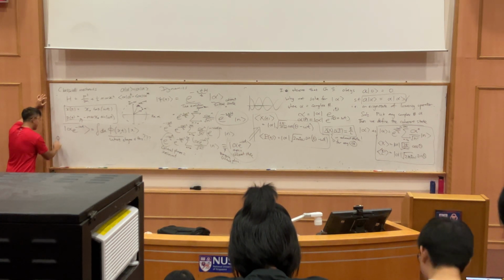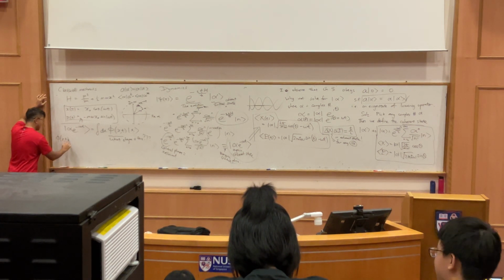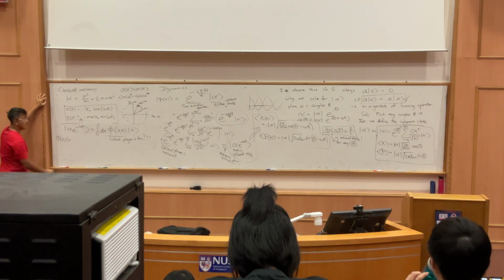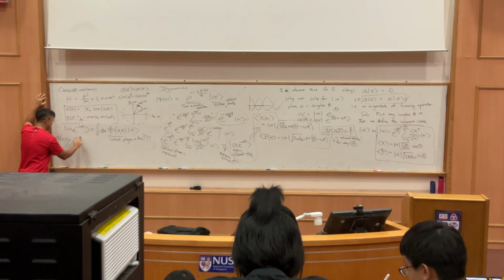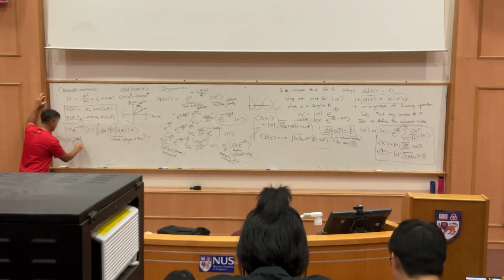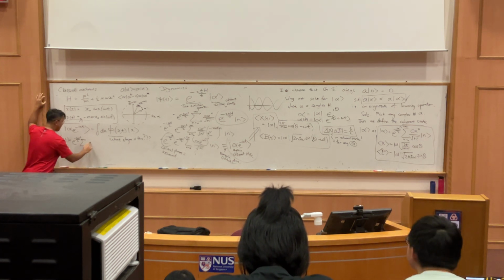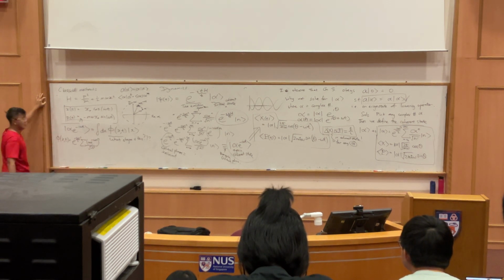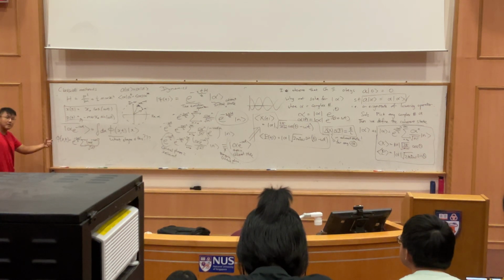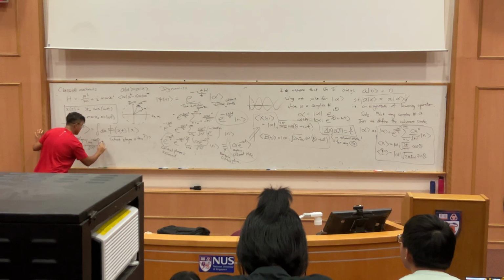Formally, phi of x and t is written down as e to the power minus alpha squared over 2, sum over n of alpha e to the power minus i omega t to the n over square root of n factorial, times the wave functions of the energy eigenstates, which are psi n.